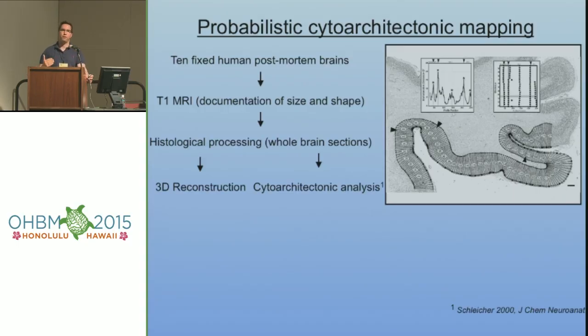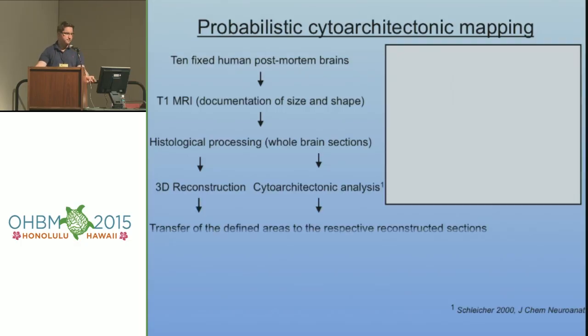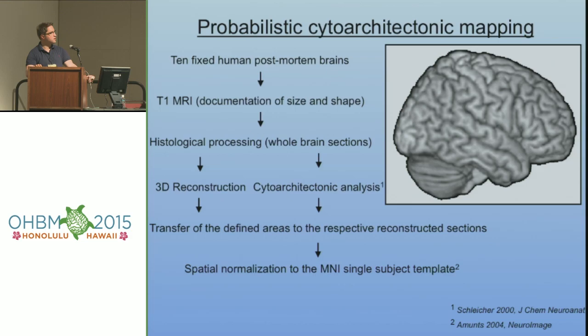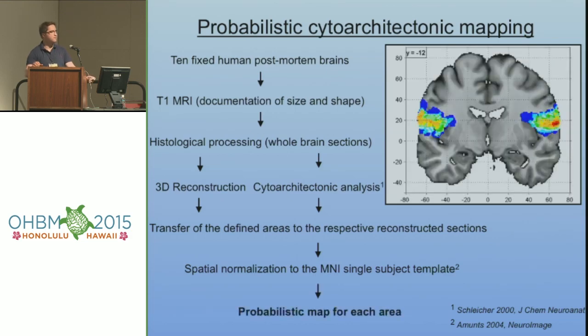So really do microstructural anatomy, both by looking at the part of the brain through the microscope, but also by statistically analyzing cell density patterns across the cortex. Now the identified areas are then transferred to the respective reconstructed sections, and if we then spatially normalize that into the MNI space, we can create probabilistic maps.